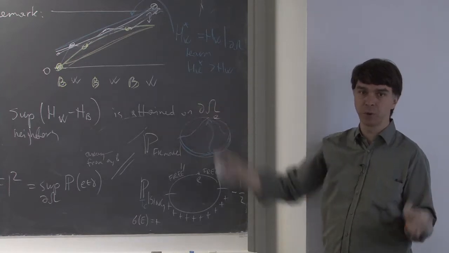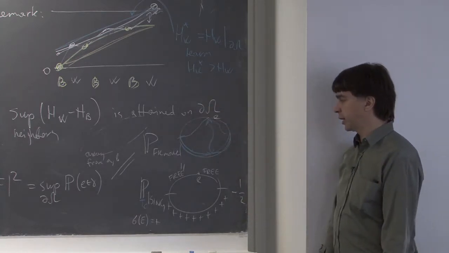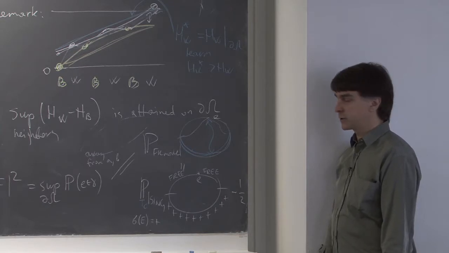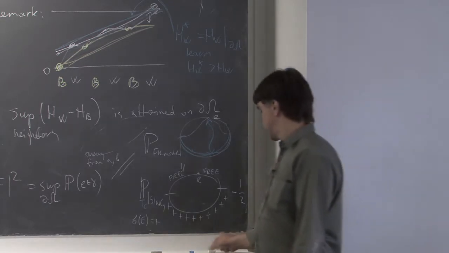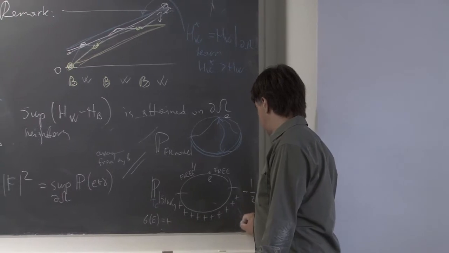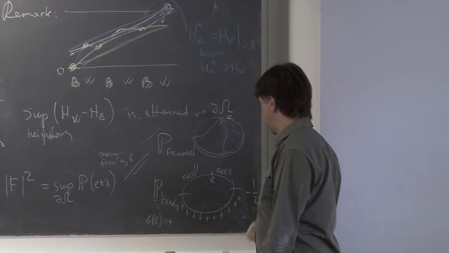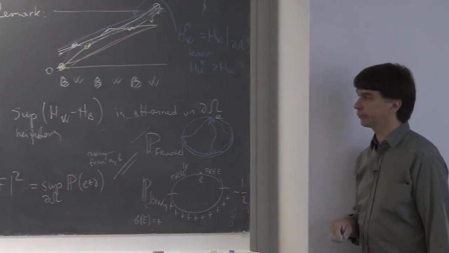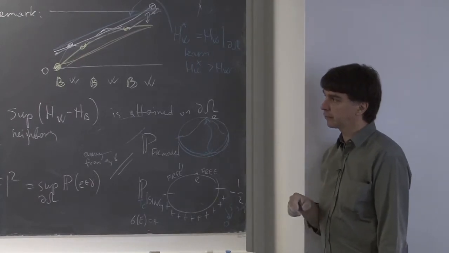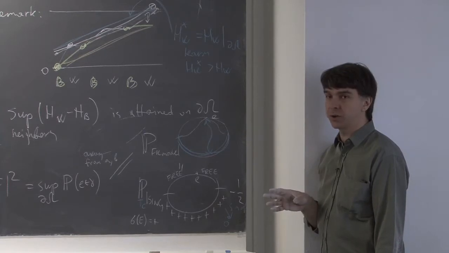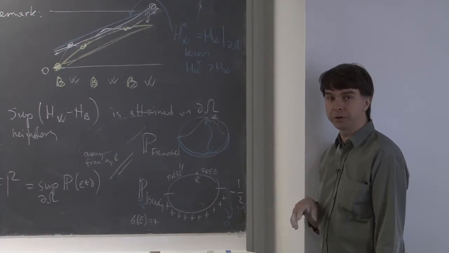The influence is very small. It decays as a power law. So this tends to 0 as the mesh tends to 0, by Onsager. That's essentially the only thing we need.